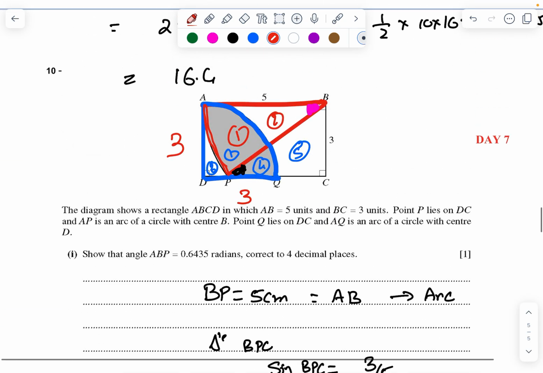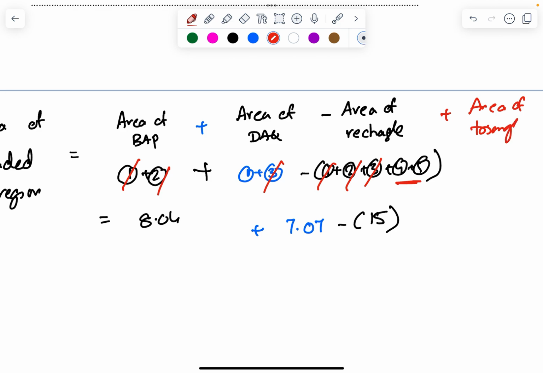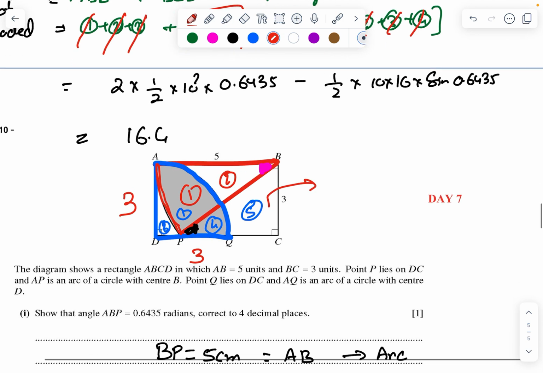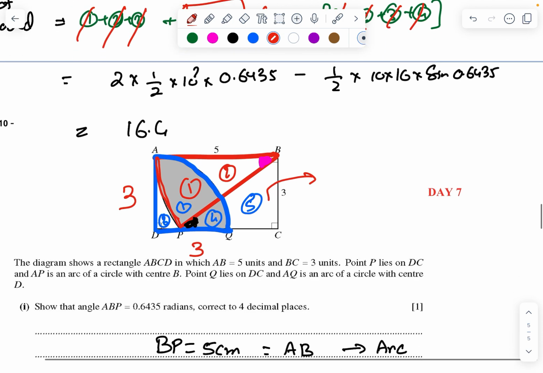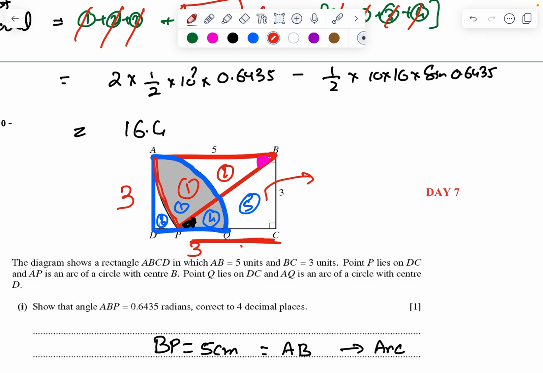What are 4 and 5? They are in the form of a triangle. So I'll add them back, because they are getting subtracted. I'll add the area of the triangle, which is half times base times height. The base is 3 and the length is 4.